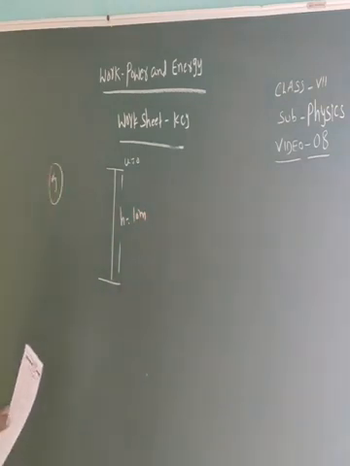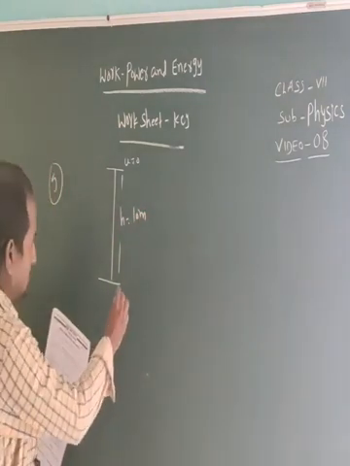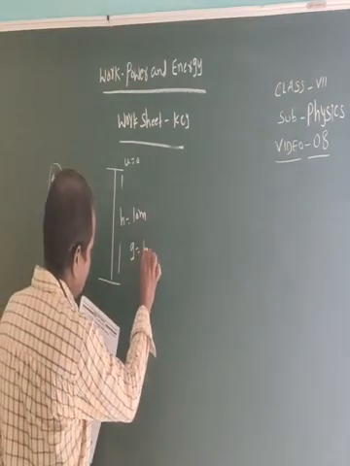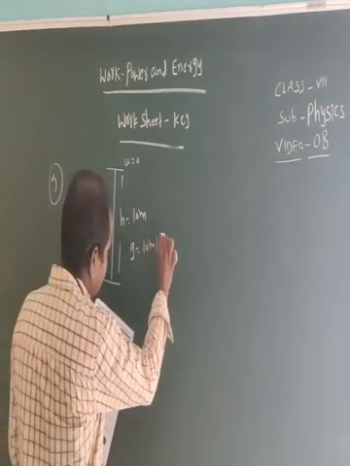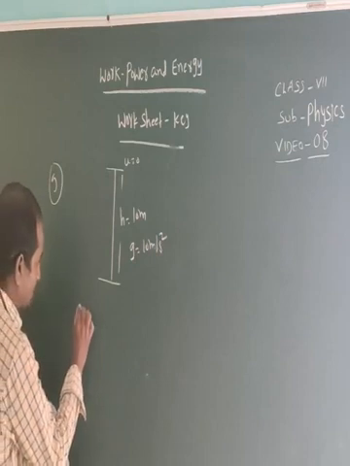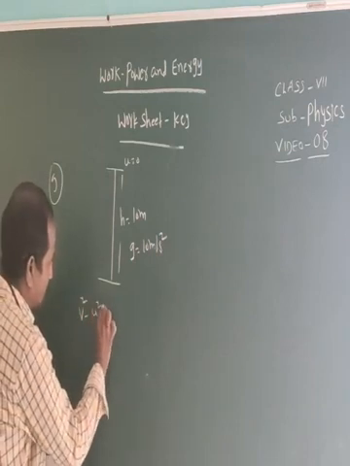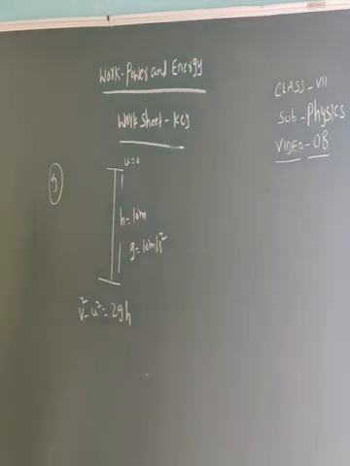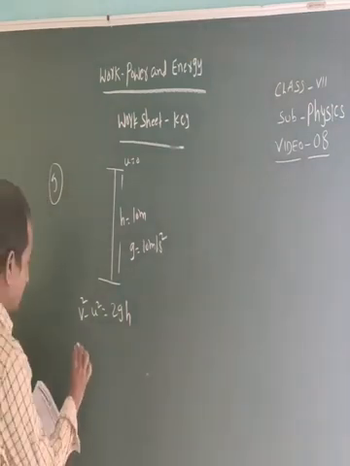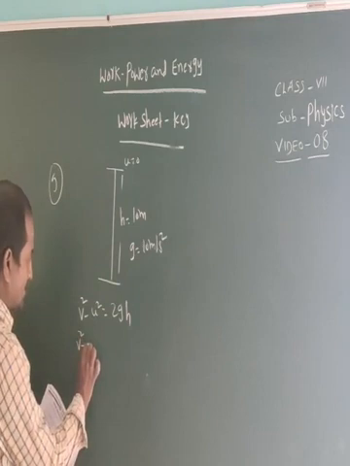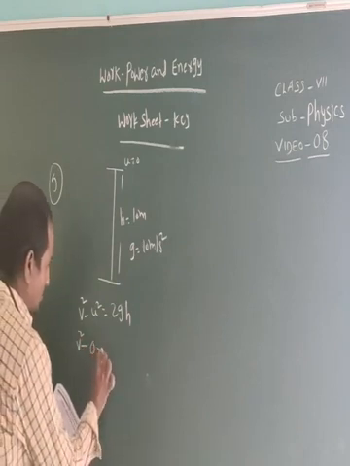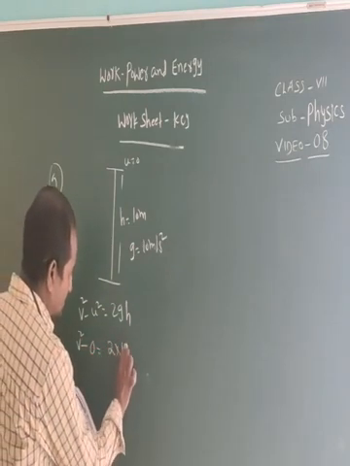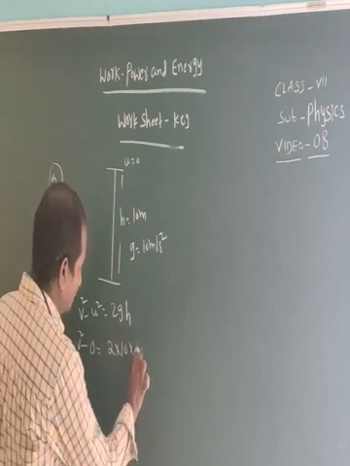Then find the final velocity. Here g equal to 10 meter per second square. From third equation of motion, v square minus u square equal to 2gh. Our aim is to find the final velocity of the body. So v square equal to 2 into g, 10, height also 10.